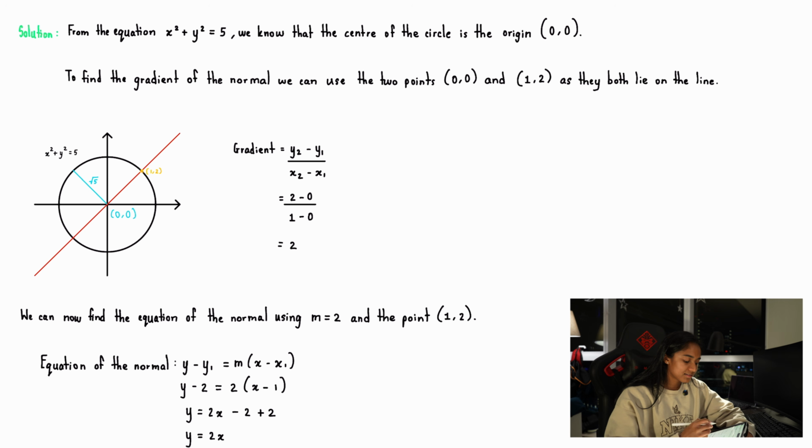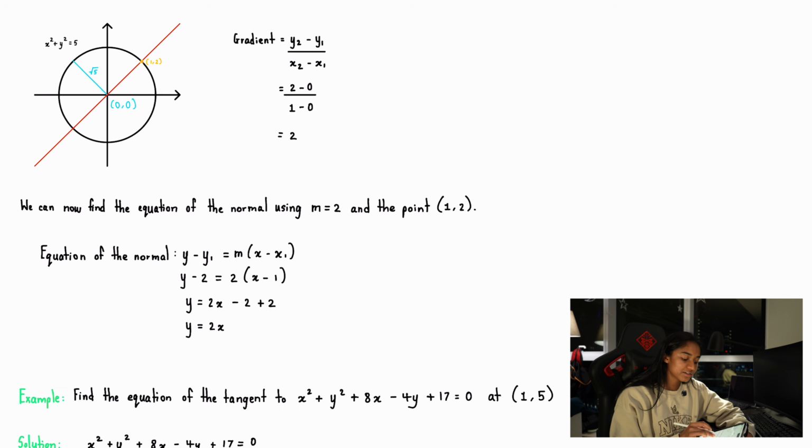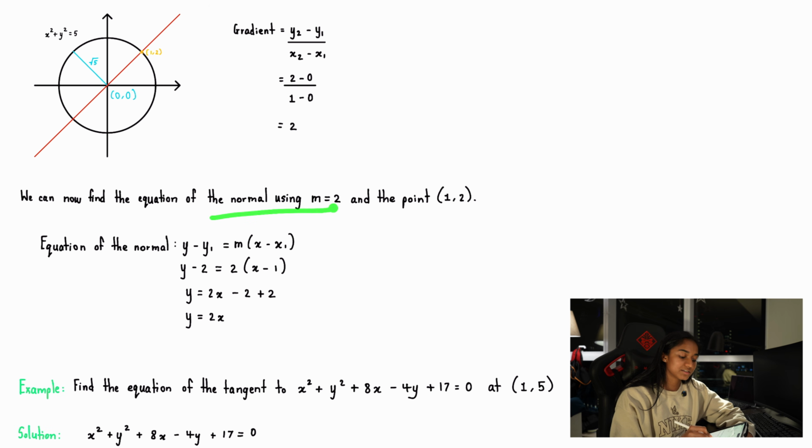So look at this. This is a line, and it has (0, 0) and (1, 2). So we're going to use these 2 points to find the gradient m. We're going to simplify and get the gradient to be 2. We can now find the equation of the normal using m is equal to 2 and the point (1, 2).